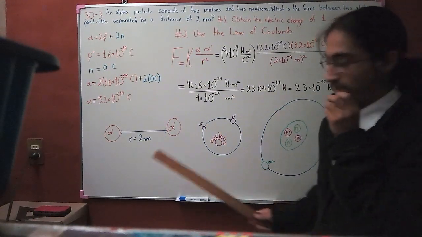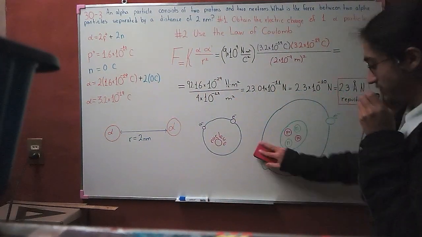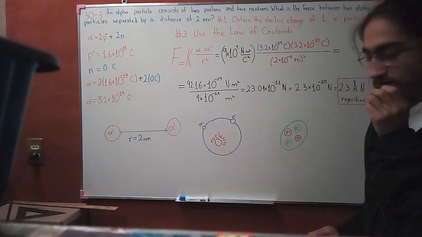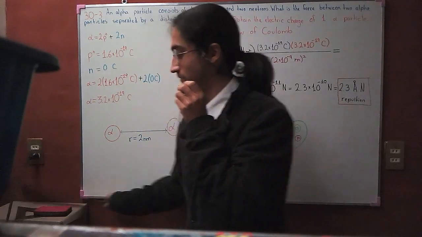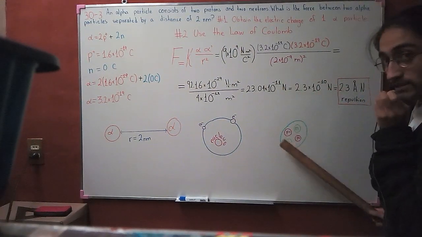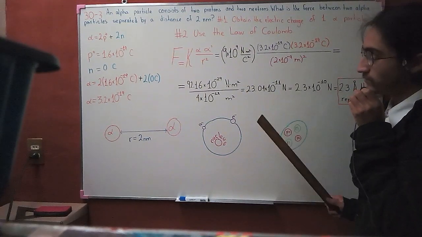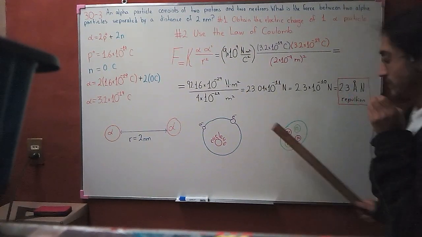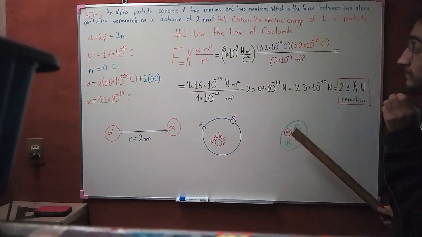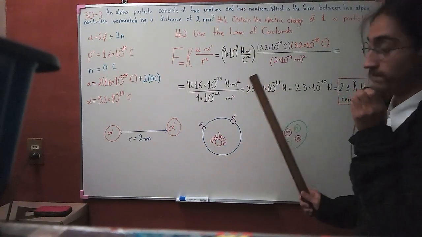But if you remove the electrons, you get an alpha particle. So an alpha particle is just the nucleus, in this case, of an atom of the element helium. So two protons and two neutrons, like the problem establishes.